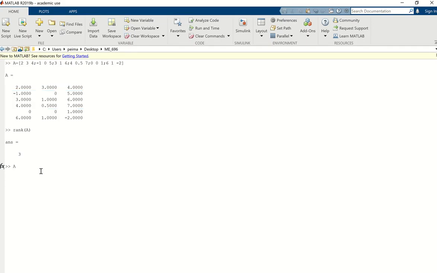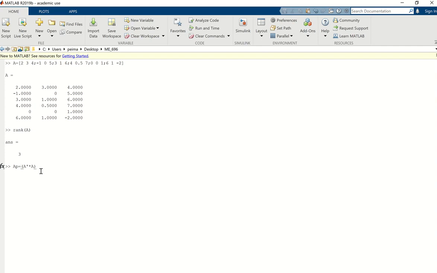So in that case, the left pseudo inverse, I'm saying that A plus is equal to, as it says, see here, A transpose, as we write in MATLAB, A transpose multiplied by A, and the inverse of this.